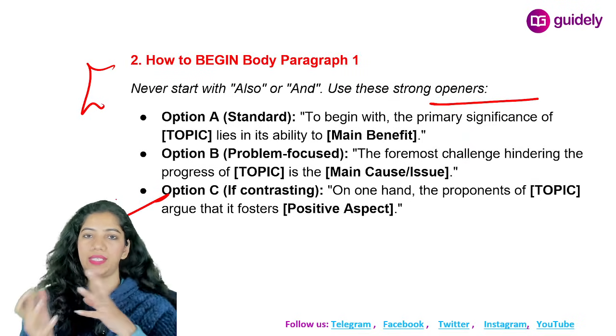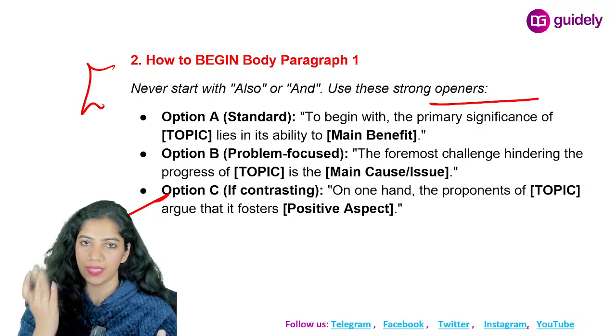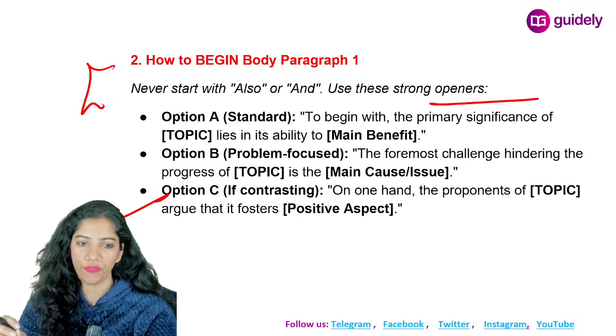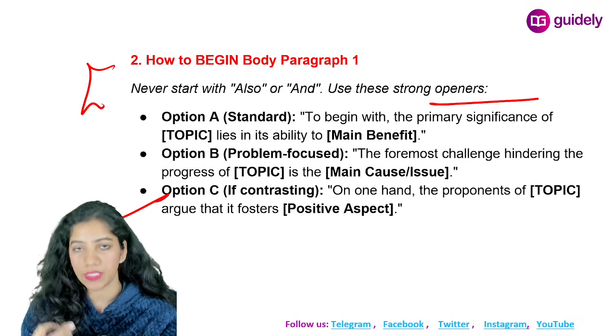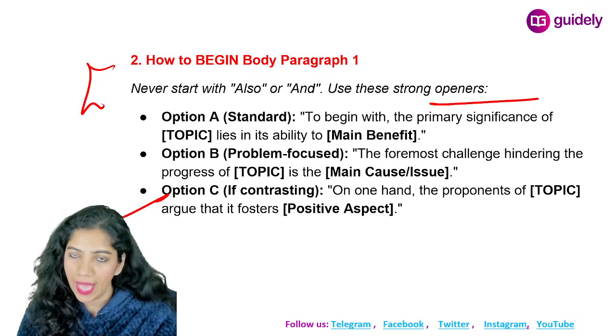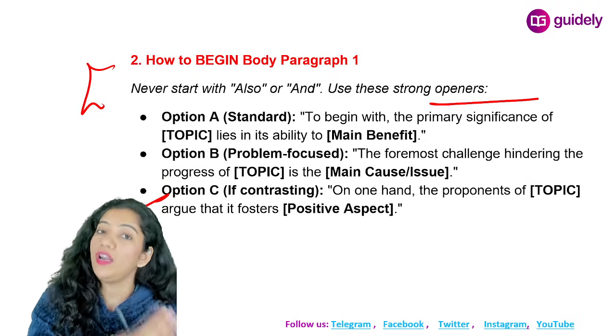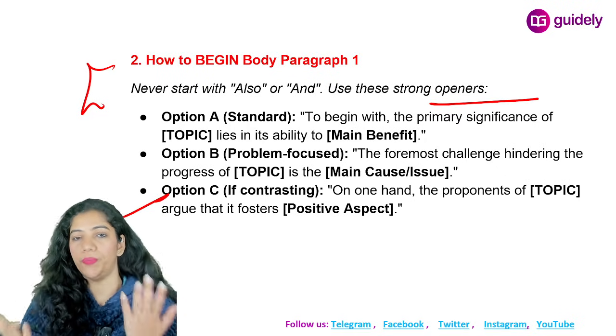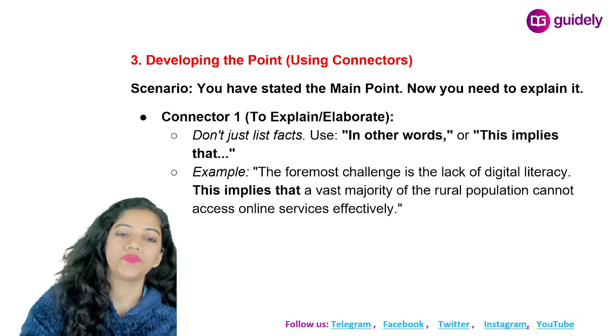If you are contrasting, there are two things and you are saying this versus this. On one hand, the proponents of argues that it fosters this and that. On the other hand, certain others argue or like critics say that. So this is how you compare between two points.